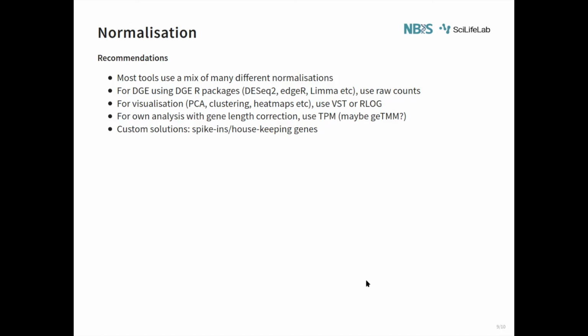So don't do any kind of transformation or normalization before that in advance. They usually need the raw counts because everything is done internally within the package. And all of these packages do a mix of different normalizations. It's not like they pick one or the other. It's mixed up in different ways so that it controls for different issues.